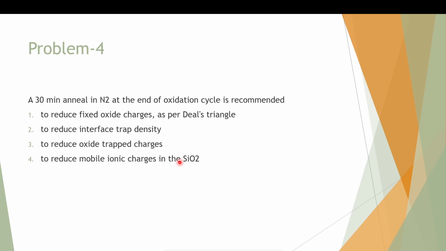Even though we want things to be clean, there might be some contamination like sodium ions or potassium ions, or any other kind of metal contamination that might give these mobile ionic charges in the bulk of SiO2. So these two are random processes that happen in the bulk, and these two are happening at the interface because of the unsatisfied valencies near the interface. So now the question is, which of these will the annealing step help in reducing?